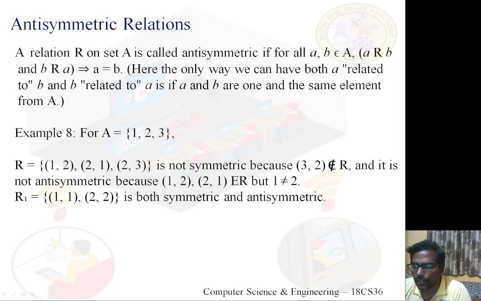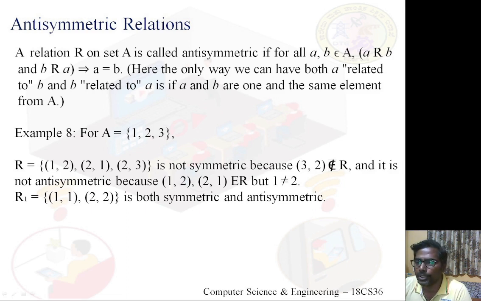A relation R on set A is called antisymmetric if for all a, b that belong to A, if we have a related to b and b related to a, then a should be equal to b.